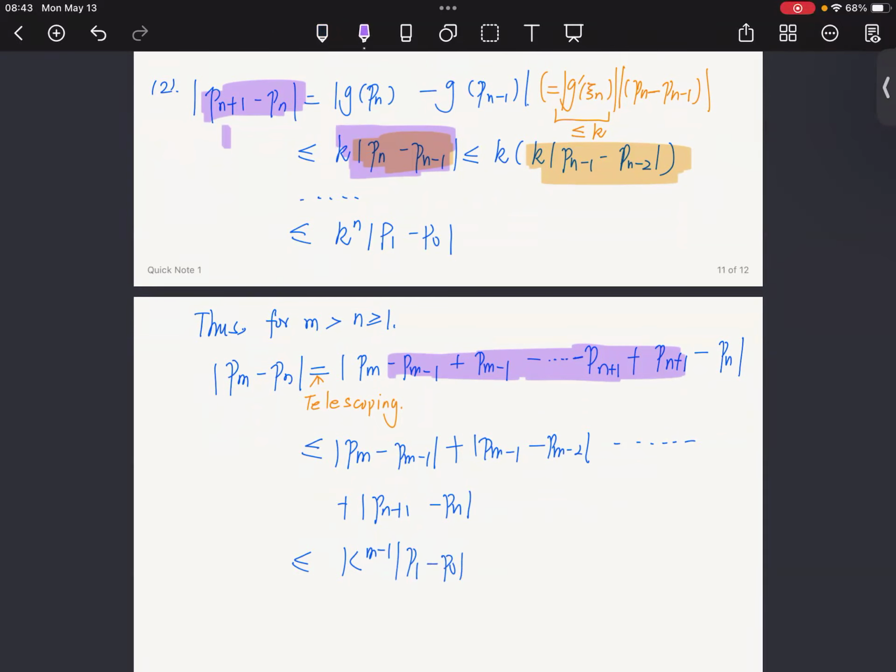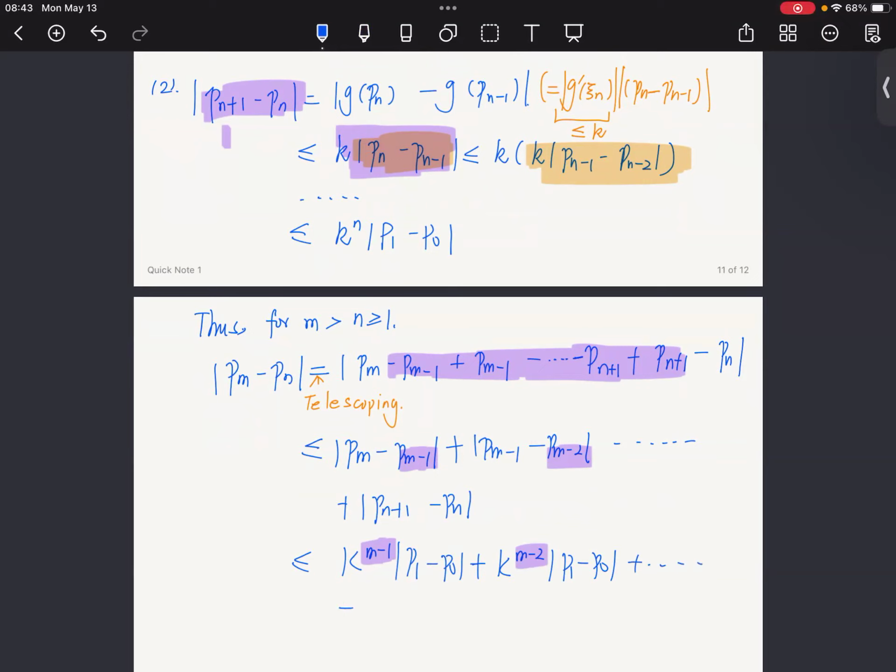This is because the power m minus 1 depends on the m minus 1 index here. We do the same thing for the remaining item: k to the m minus 2, P1 minus P0. This is because this index is m minus 2.